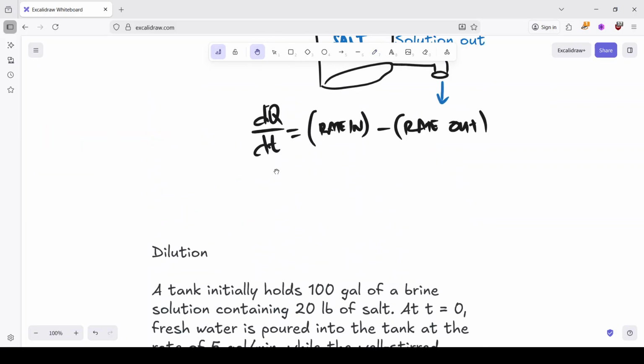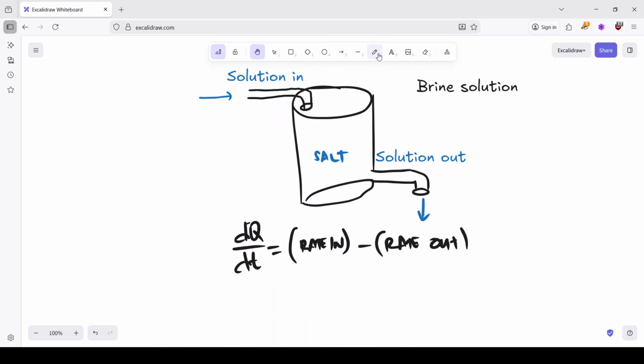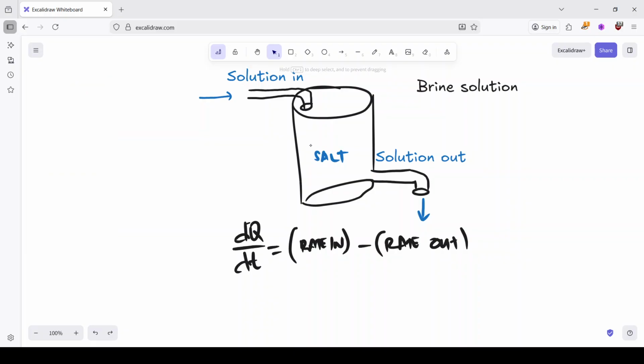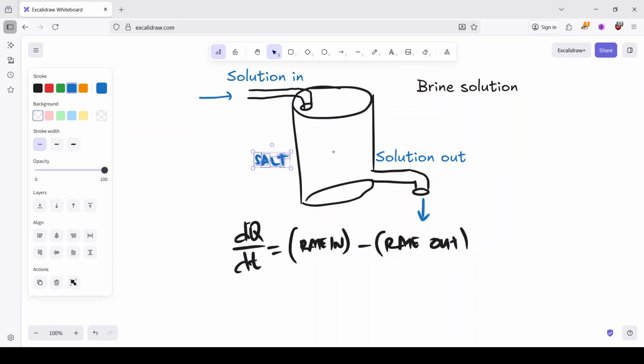According to our problem, there is also a mixing mechanism inside the tank to make sure that the mixture inside the tank is always uniform. Now, where can we find this scenario?